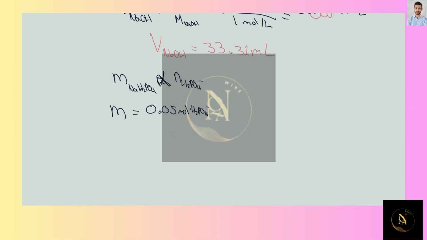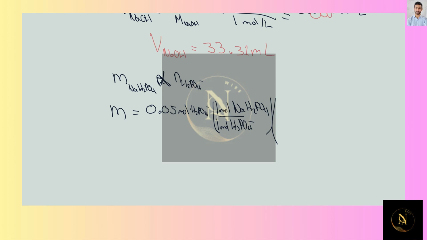Let me take some space. We know that 1 mole of H2PO4 minus comes from 1 mole of sodium H2PO4, after it goes into solution, and we want to take the molar mass of this compound.